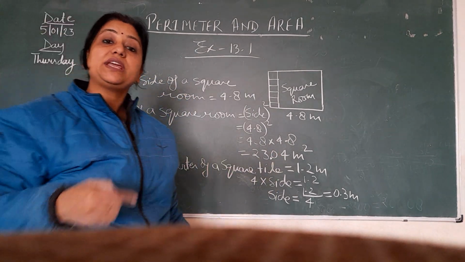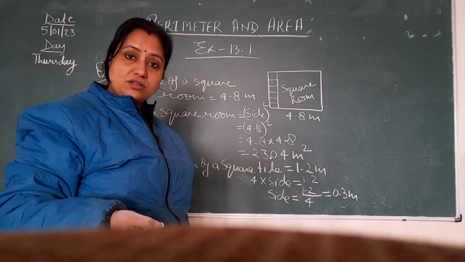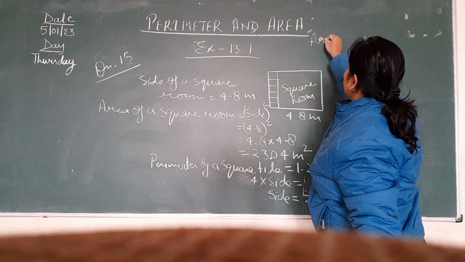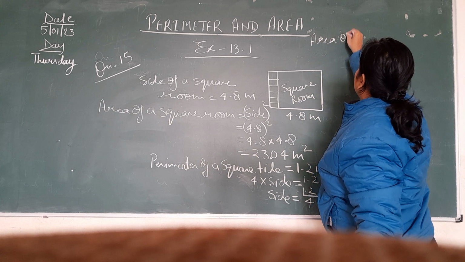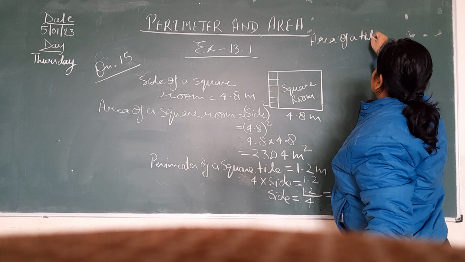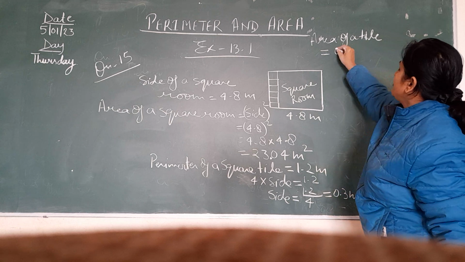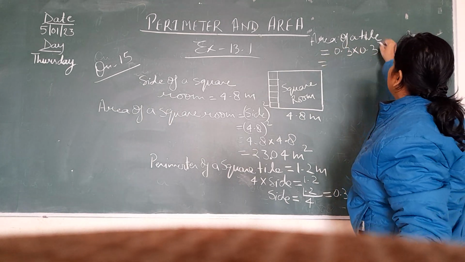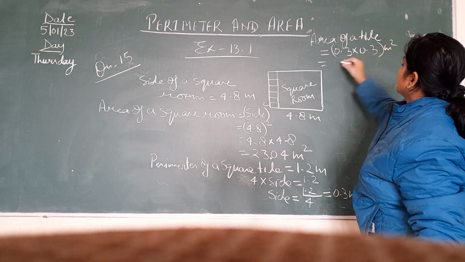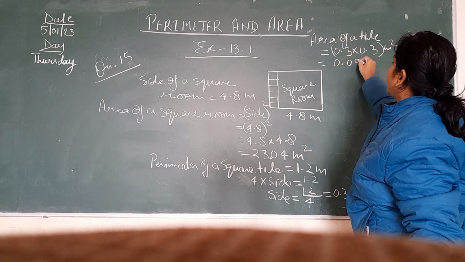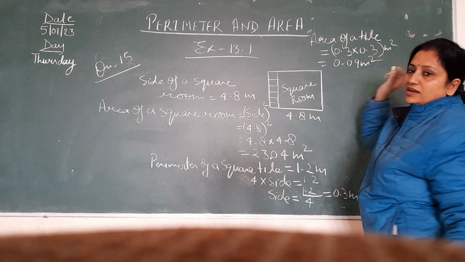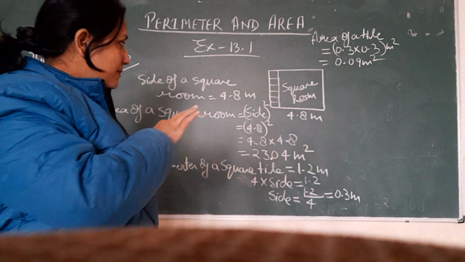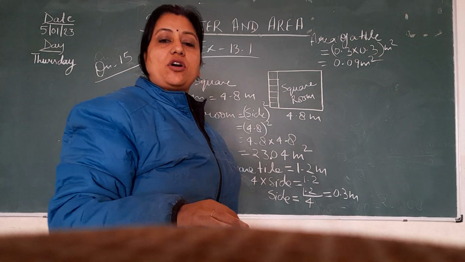Afterwards we'll find the area of this square tile also. Area of a tile is 0.3 into 0.3, which is equal to 0.09 meter square. Now we have found the area of the square room and the area of the tile.